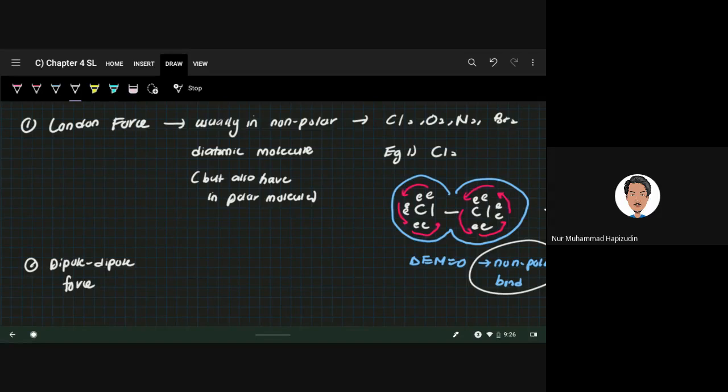Biasanya kalau dalam test kamu nampak polar bond je, dia adalah dipole force. Kalau non polar bond, dia adalah London force. Just kamu kena tahu dalam polar molekul pun ada juga London force, tapi dia tak banyak lah.